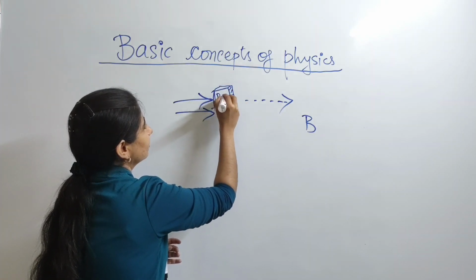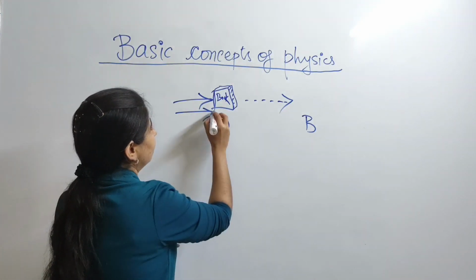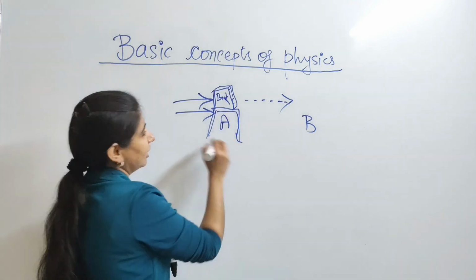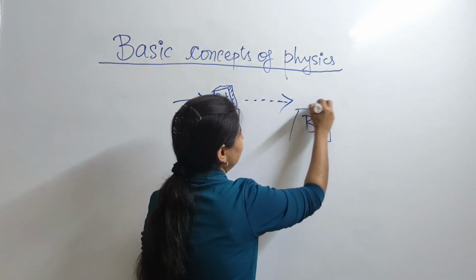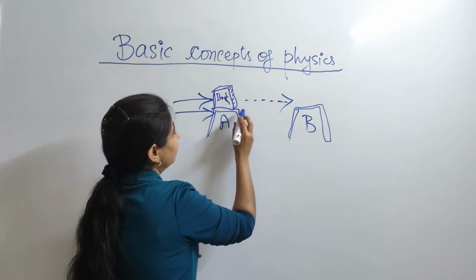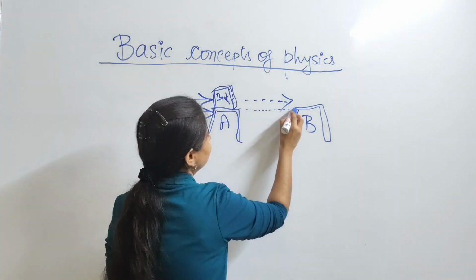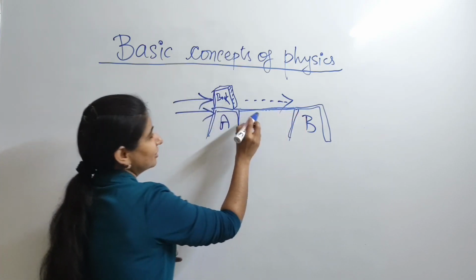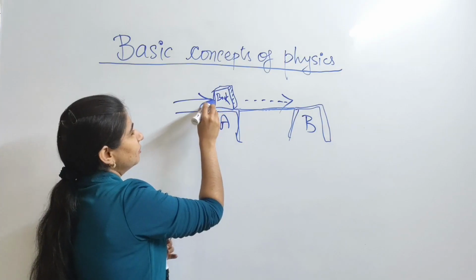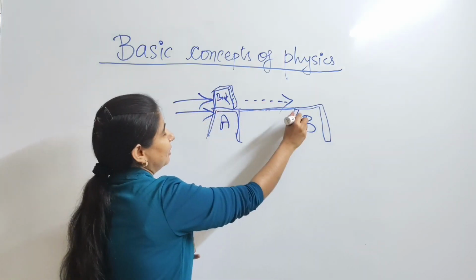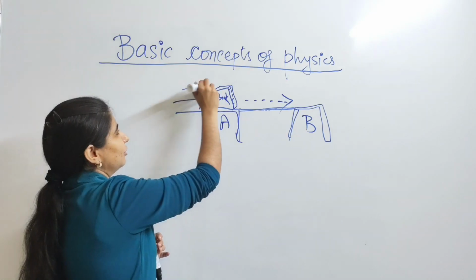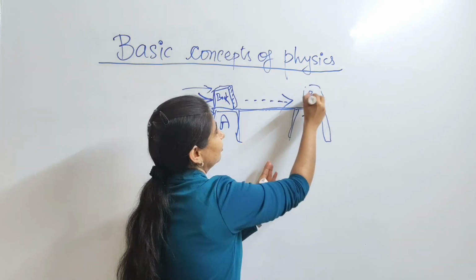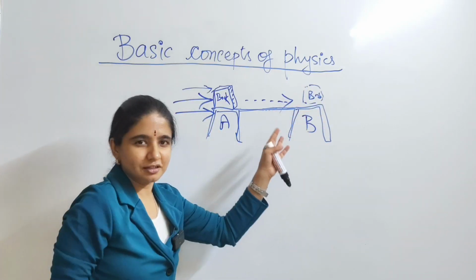This book is on table A, and you have to move it to table B. There is a gap between table A and table B, and a glass frame is placed here. For it to move from table A to table B, you apply force upon it so that you push it and it will be placed here.